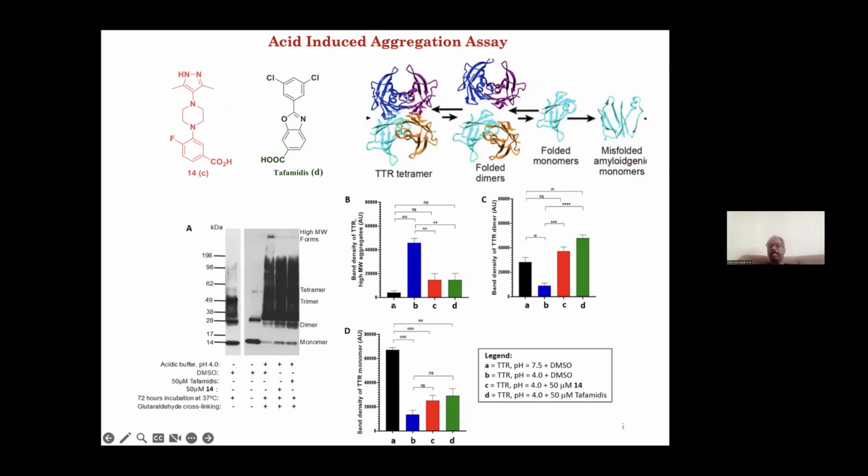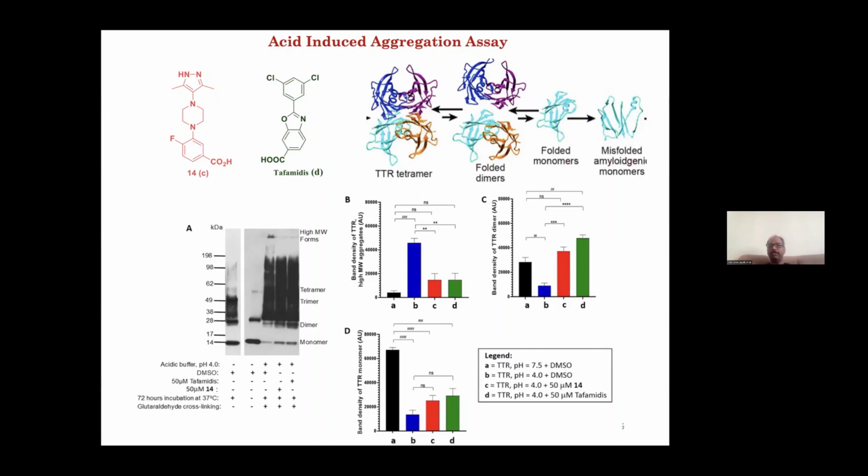So when you look at the graph B, you can see the tetramer doesn't break at neutral pH. Therefore, we see a very small amount of high molecular weight oligomer. But at the acidic pH, this tetramer falls apart, and therefore you see a higher concentration of amyloid fibrils. In the graph C, it is still at the acidic pH, but since our compound was able to stabilize the tetramer, the amount of misfolded oligomers decreases significantly.